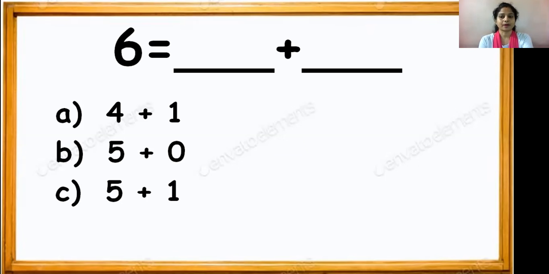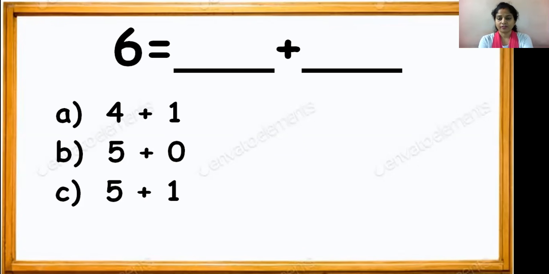Now move to the B part. 5 plus 0. It means we have 5 things and we are adding 0 to it. It means the answer is the number itself. Here the answer is 6. It means B is not the correct option. Now move to the last.